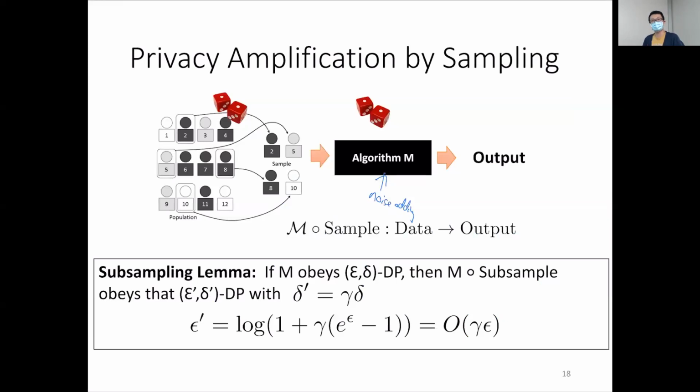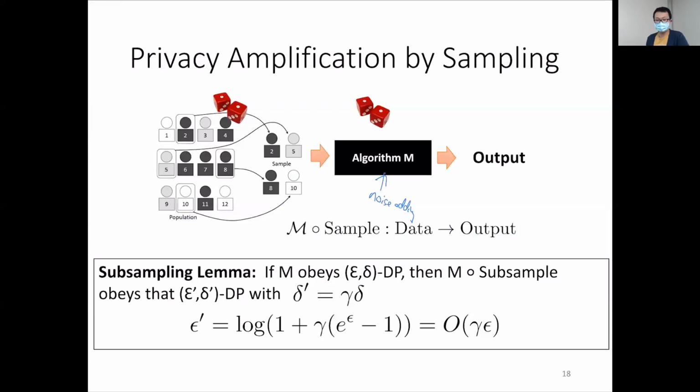Let's say that you are the person that got added or removed from the data set, and if there is a chance that this data point is not included in the sample, then in those cases, the two neighboring data sets are going to give us exactly the same distribution, right?